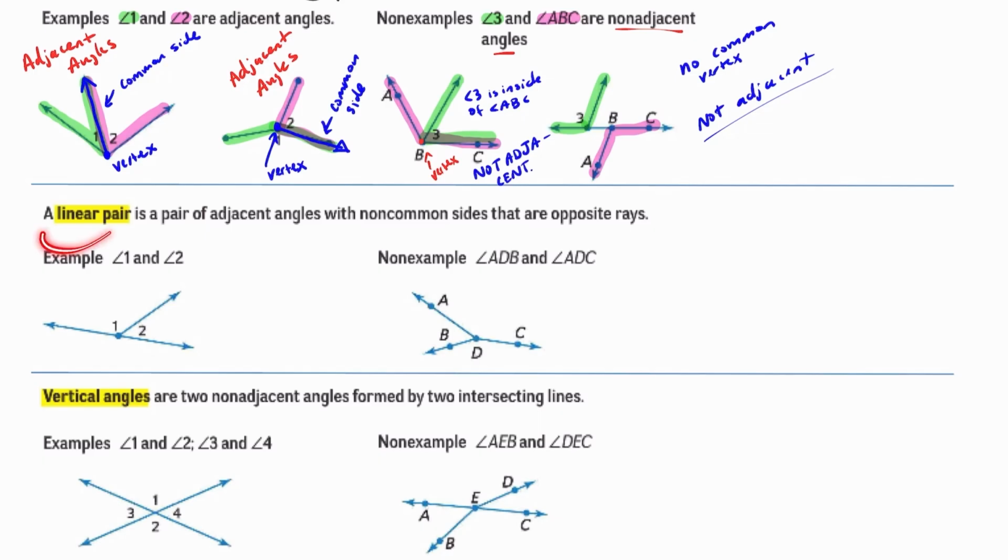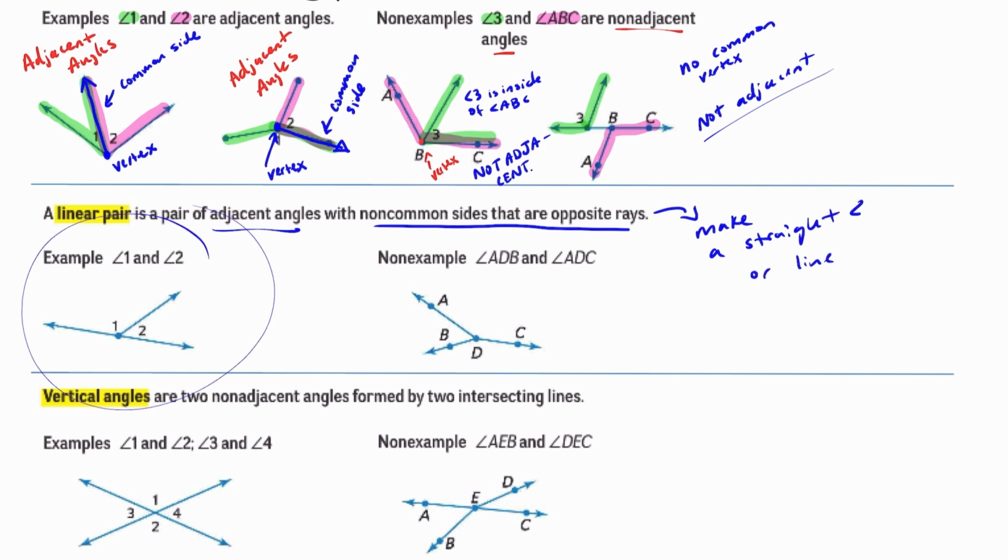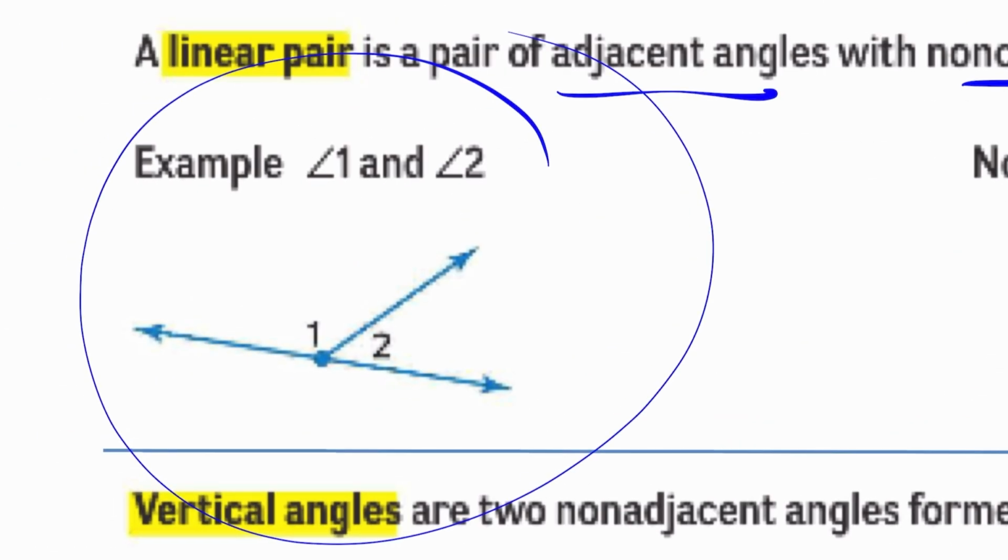Now moving on, a linear pair is a pair of adjacent angles with non-common sides that are opposite rays, which means you're making a straight angle, or line. And this is a great example of a linear pair, and linear pairs generally look like this. So we have angle 1, and this is angle 2.